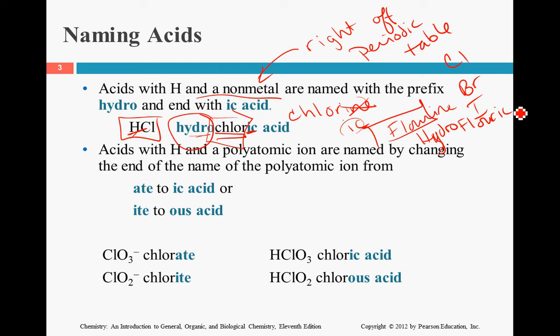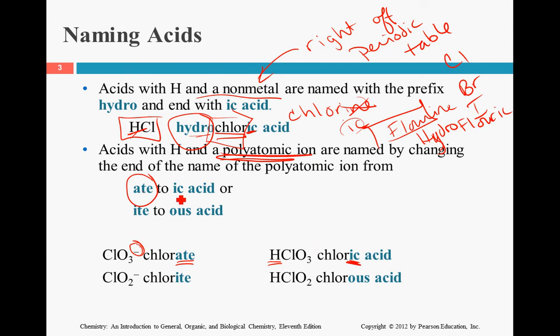The other one is if we're looking at the polyatomic ions. So that means you're going to need your polyatomic ion chart when you're doing this. If you see something that ends in ATE, for instance, chlorate, notice that there's a -1 charge. So you put one hydrogen there to cancel out that -1 charge, and that chlorate became chloric.